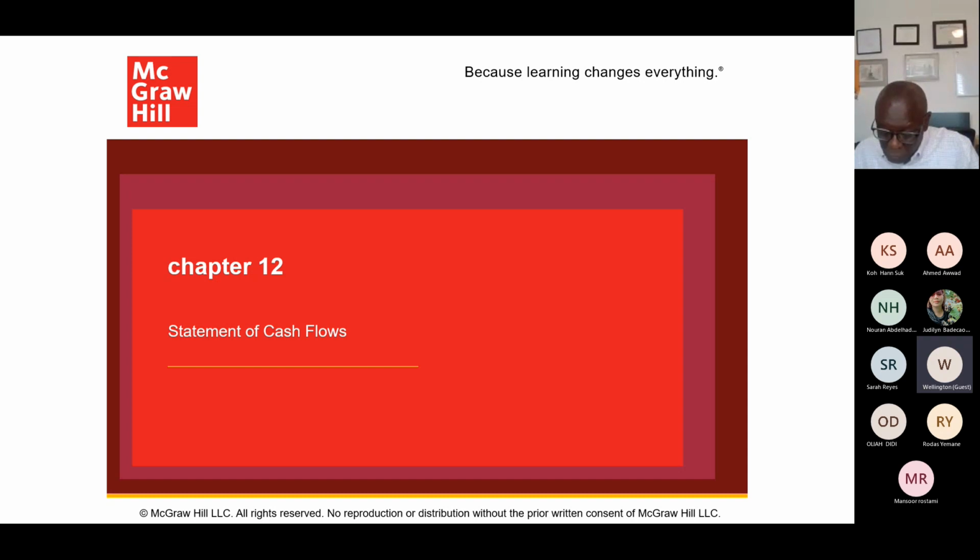I'm adding prepaid, and I'm subtracting 17,400 for wages payable, and I'm adding 25,400. So what is the net cash flow provided by operating activities?